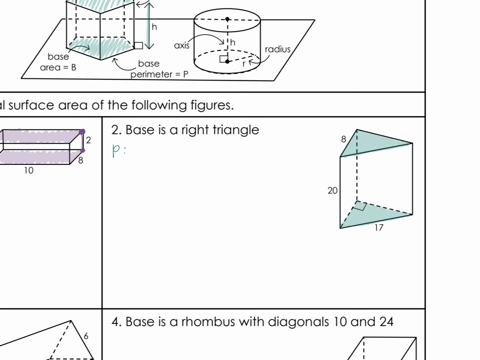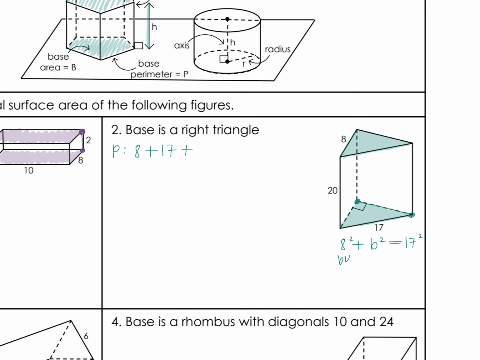I currently know that 2 of the sides are 8 and 17, but I need to figure out the length of this side of that triangle. Since this is a right triangle, I'm just going to, off to the side, use my Pythagorean theorem formula to find it. So we'll have 8 squared plus b squared equal to 17 squared.